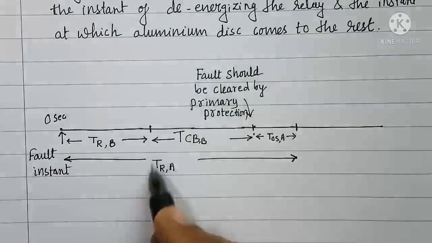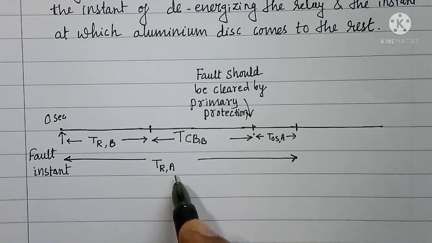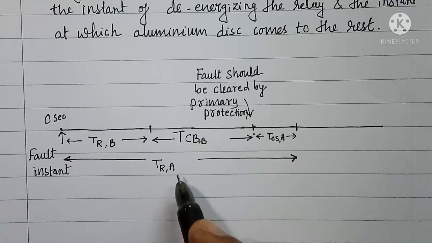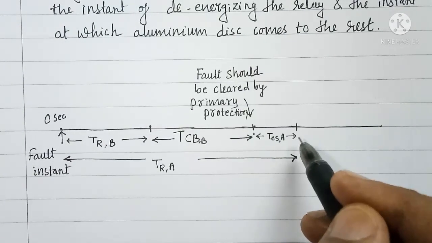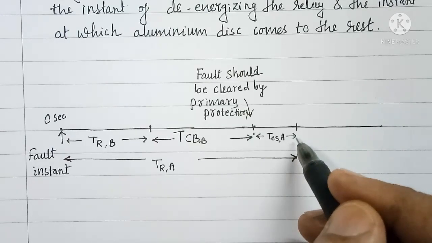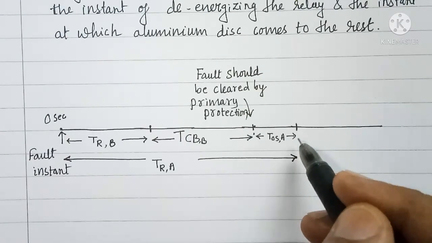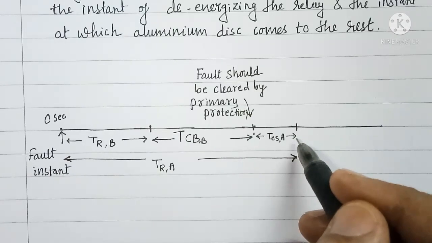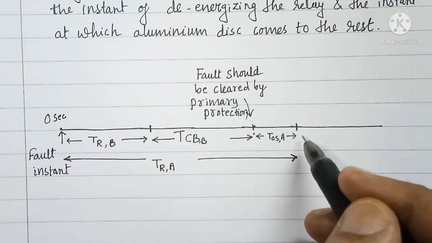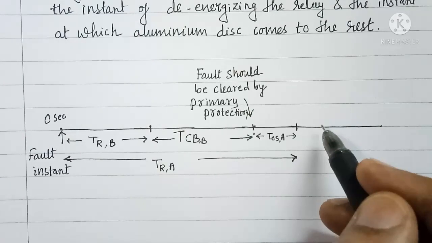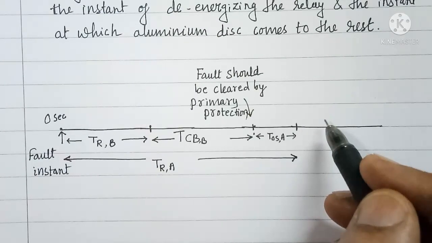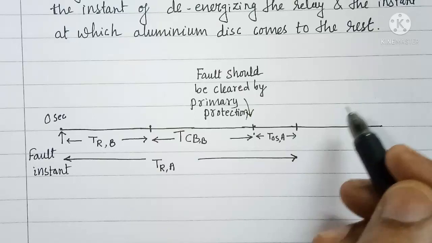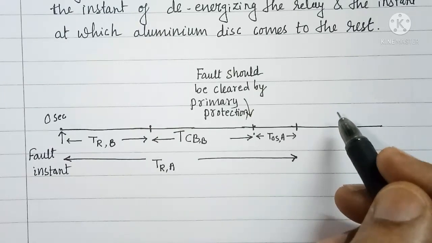Though there is no current flowing through its coil, due to the moment of inertia, the moving system continues to rotate and it will make the trip contacts close, and hence the trip signal will be issued to the backup protection circuit breaker, and the backup circuit breaker will also operate, which means the mal-operation has occurred.